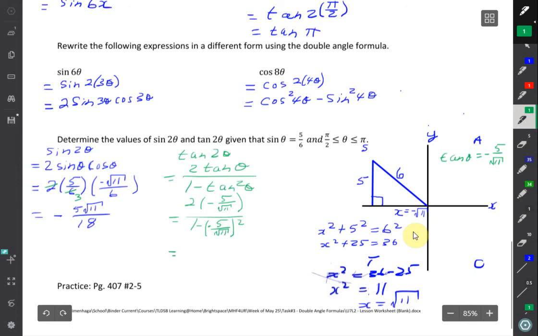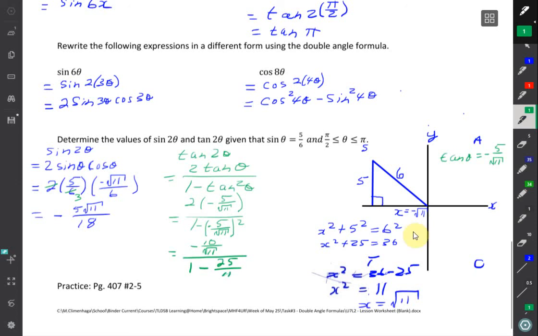Simplifying, I now have minus 10 over root 11 in the numerator. And in the denominator, I have 1 minus 5 squared is 25, and root 11 squared is 11.